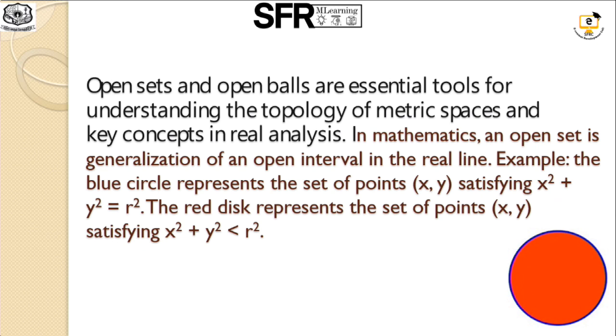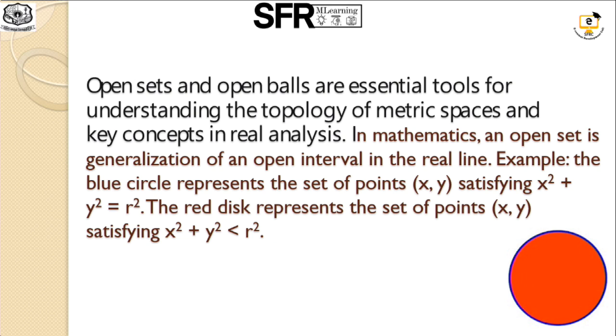In mathematics, an open set is a generalization of an open interval in the real line. If we take a point (x, y) representing x squared plus y squared equal to r squared, we are giving a circle.